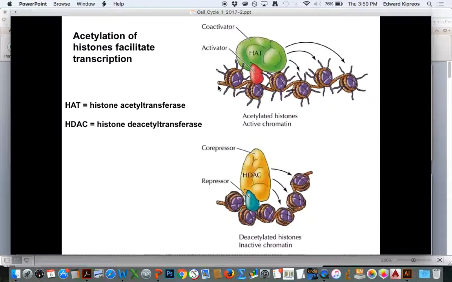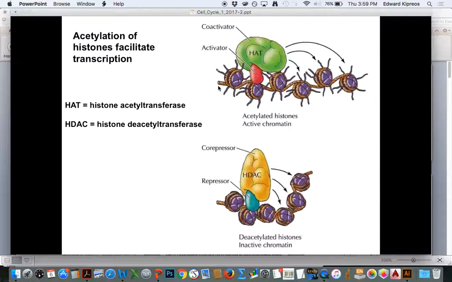And just to remind you what that is, if you remember from your chromatin lecture or your transcription lecture, the histone acetyltransferase adds acetyl groups onto the arms of the histone tails, and then the histone deacetylase is removing them, and then you guys learned why those histone arms are like that.